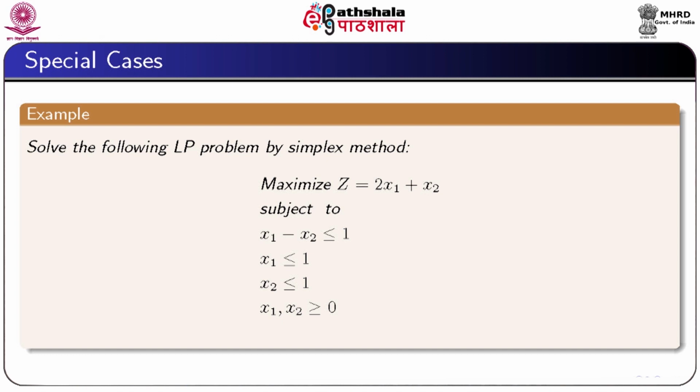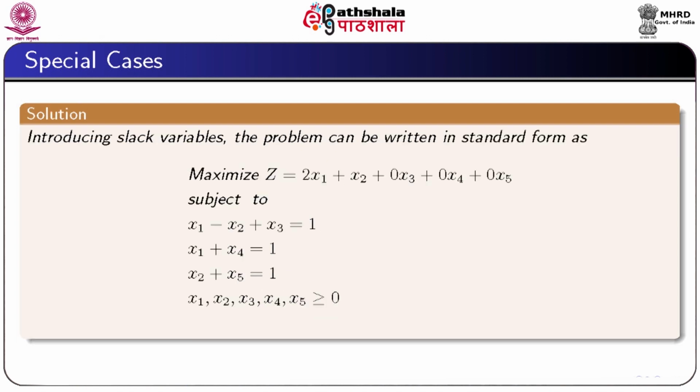Suppose that we have to maximize z equal to 2x1 plus x2 subject to x1 minus x2 less than or equal to 1, x1 less than or equal to 1, x2 less than or equal to 1, x1, x2 greater than or equal to 0. Introducing slack variables x3, x4 and x5, the problem can be written in standard form as shown in this slide.